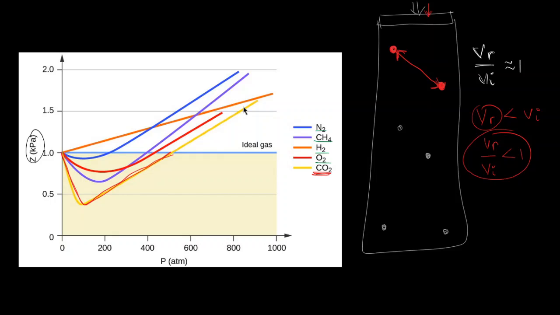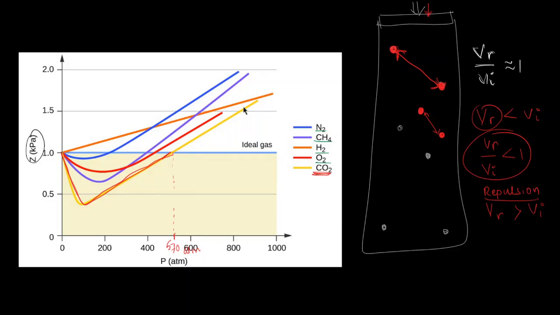But after a certain limit, let's say for carbon dioxide, that limit occurs at 570 ATMs, just cooking up the numbers. If after 570 ATMs, the molecules come in sufficiently close contact that they now start repelling each other, then the volume of the real gas will become larger than that of the ideal gas, since repulsions are taking place.